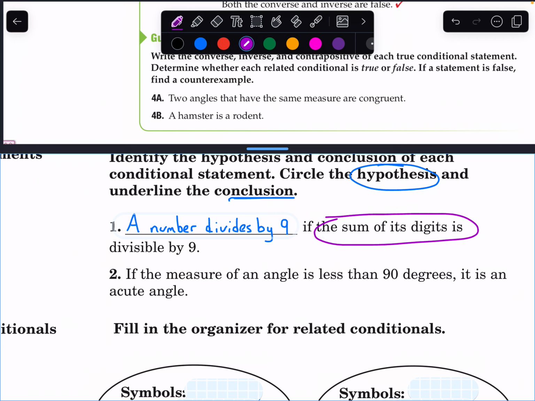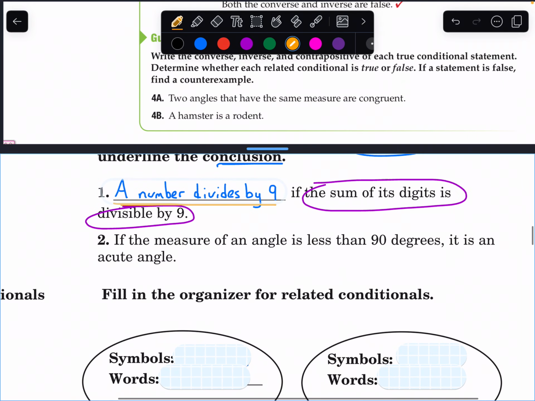The sum of the digits is the hypothesis because that follows the word if. And when that happens, we reach the conclusion: a number divides by 9. In the second example, if the measure of an angle is less than 90 degrees, it is an acute angle. Here's our keyword if.